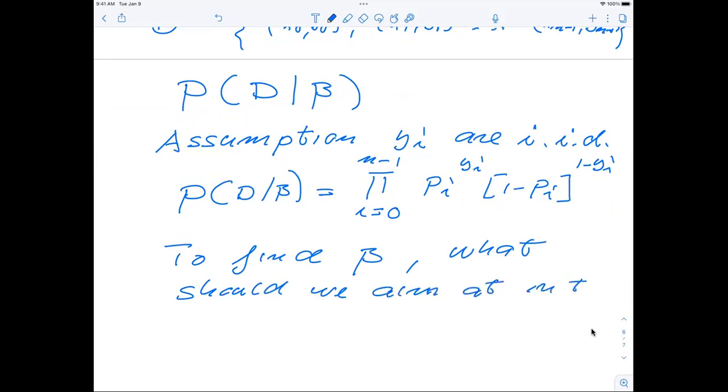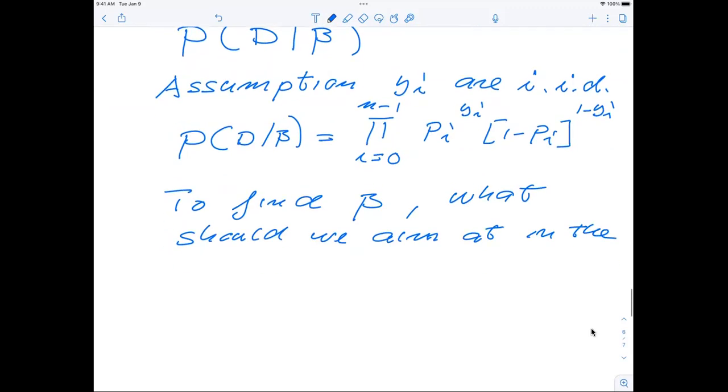Because we want the optimal parameters beta. In the optimization of P, because this is now going to define our cost function.